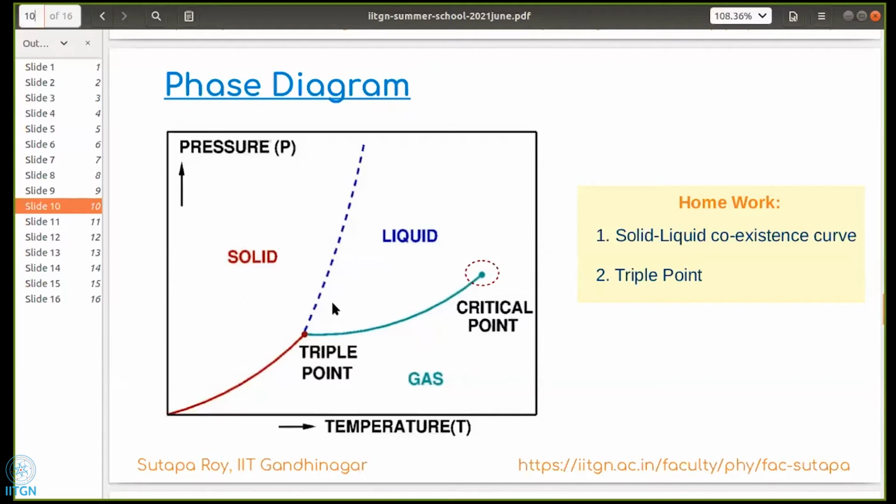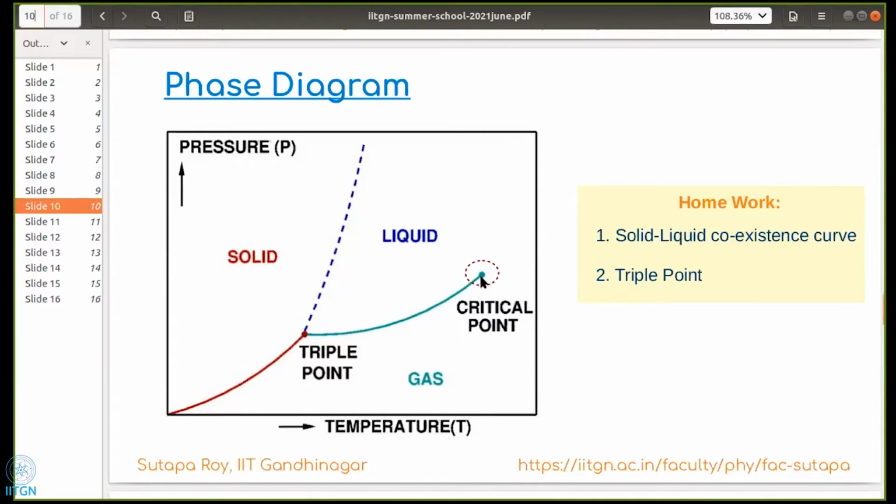What's interesting here is this dashed curve, which is known as the melting curve. That's the coexistence between the solid and the liquid phases. This melting curve actually continues forever, whereas if you look at the liquid and vapor coexistence curve, this curve actually terminates at a certain point, which is known as the critical point.